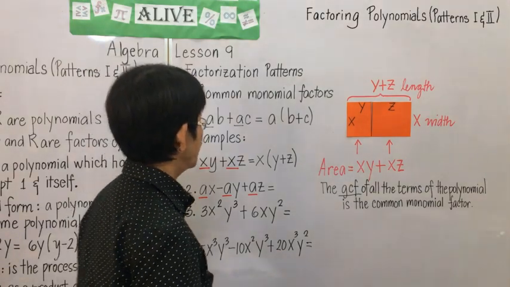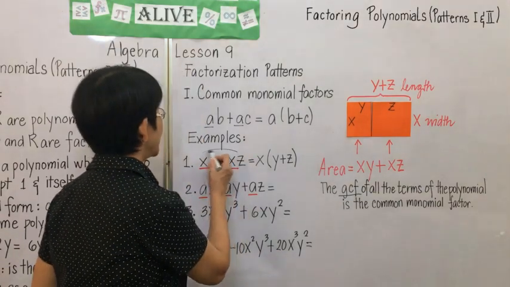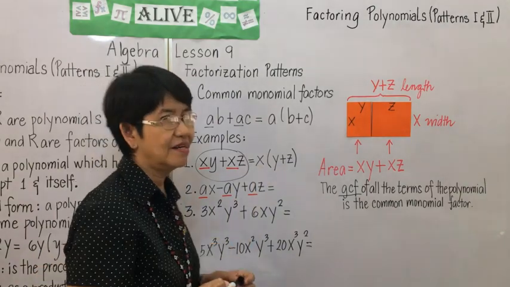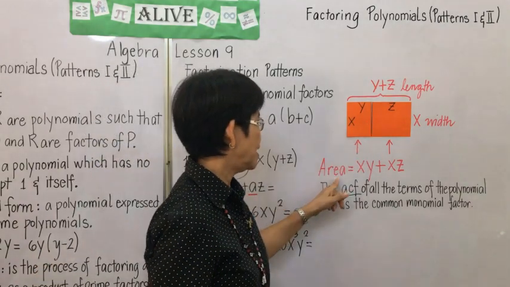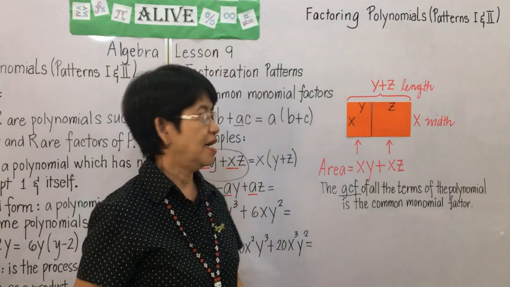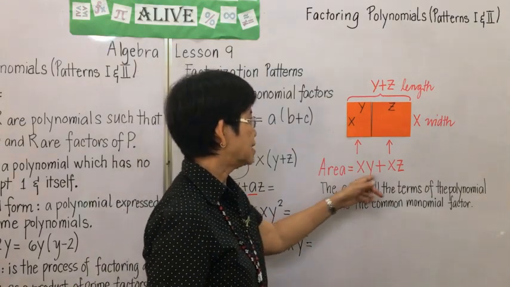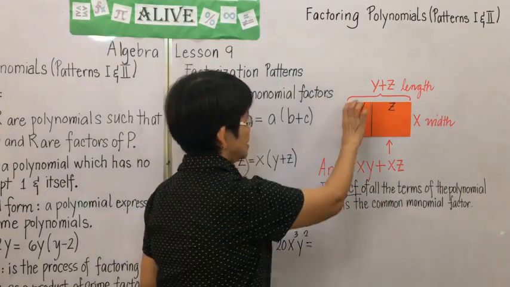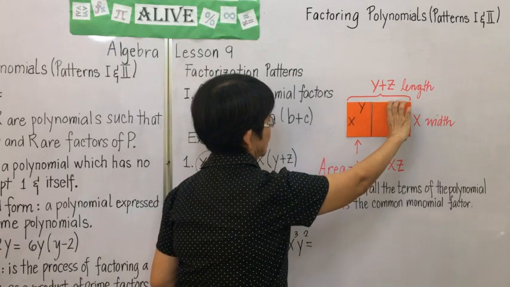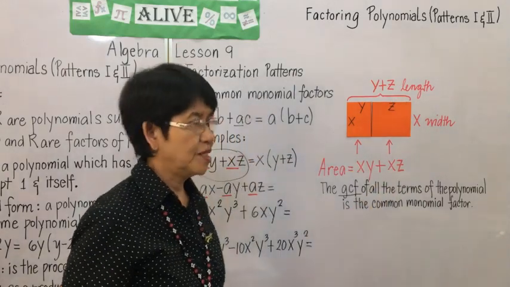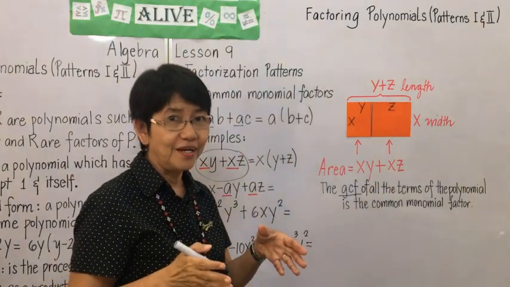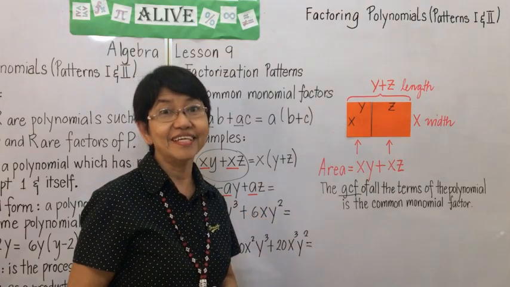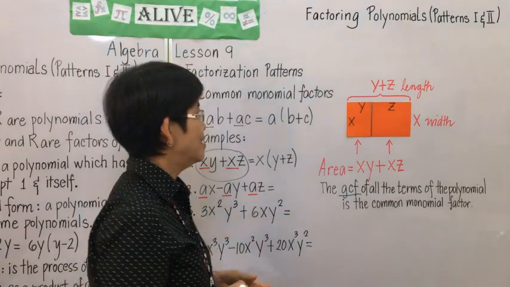Actually, this one represents the area of the rectangle. So the area of the rectangle is xy plus xz. This is xy and this is xz. And then when we factor, we are actually getting the dimensions of the rectangle.